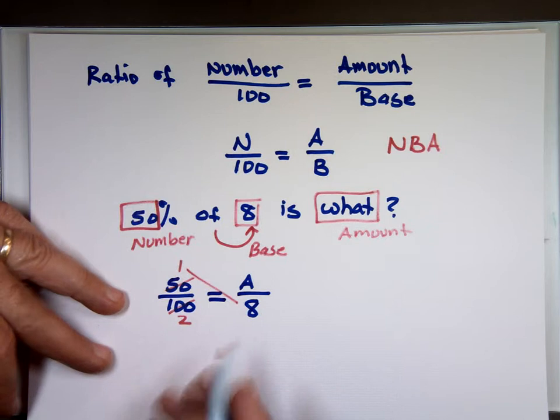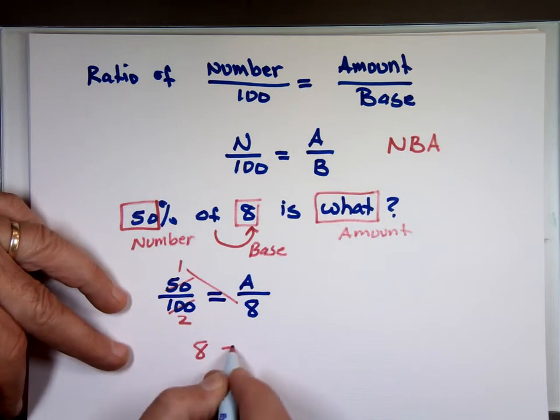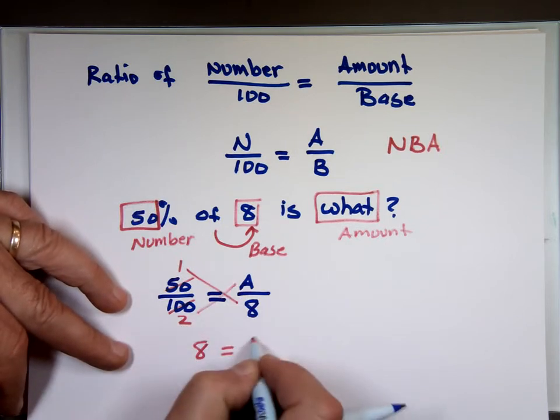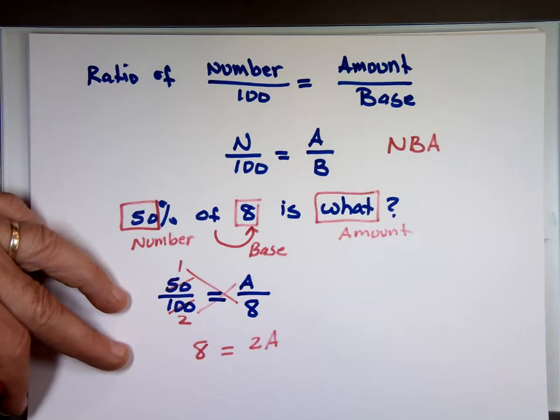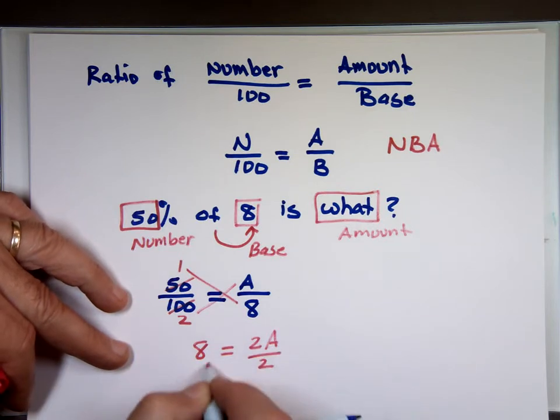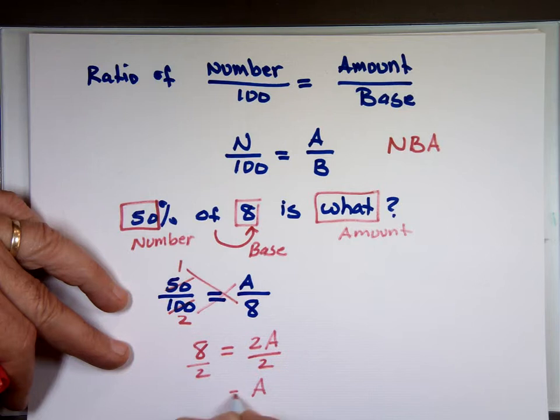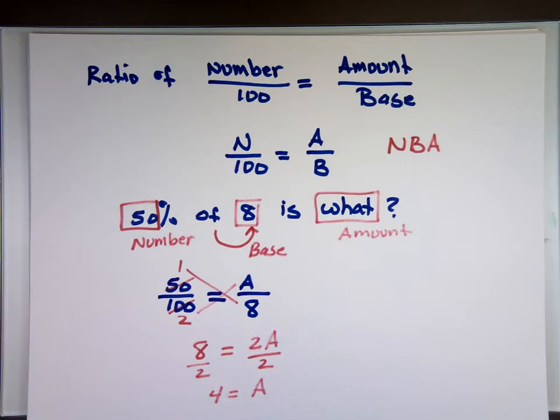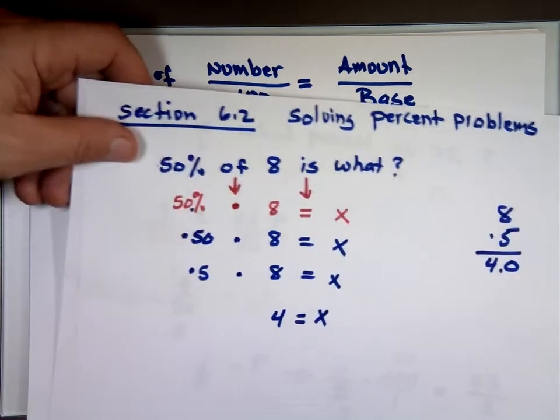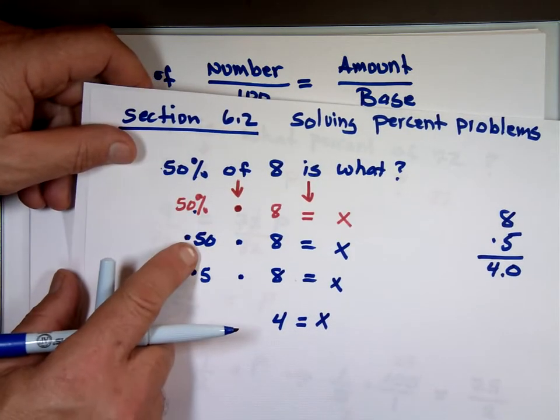What's 1 times 8? 8. 2 times A. 2A. What's A equal to? How do we solve for A? Divide by 2. A equals what? 4. Is that what we got? Yes. I didn't have to change from percent to a decimal number.